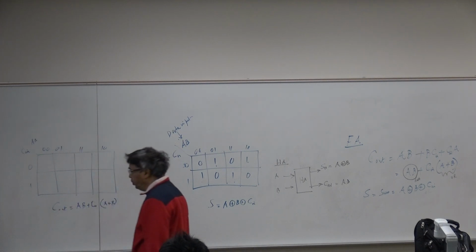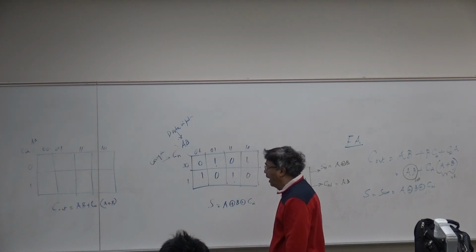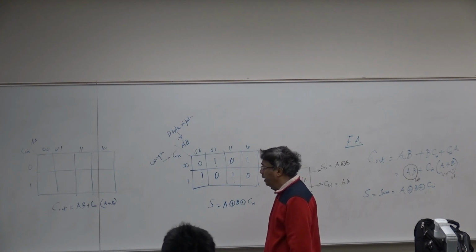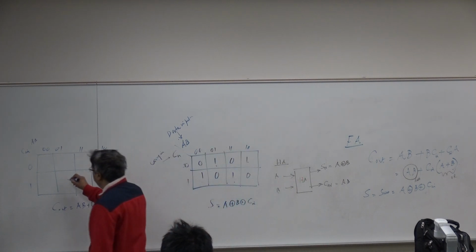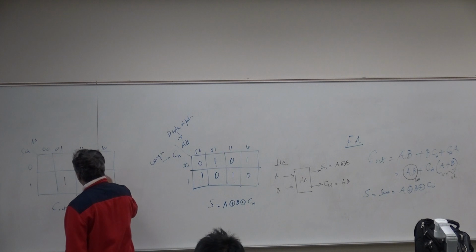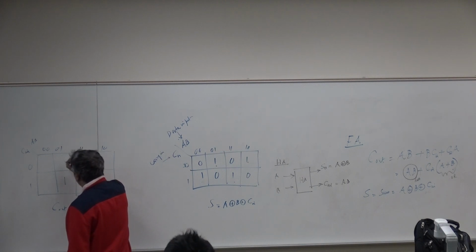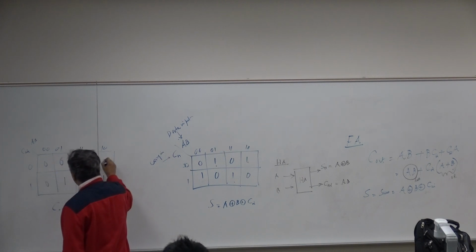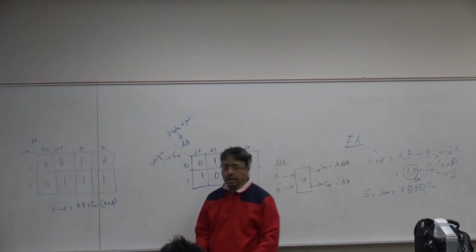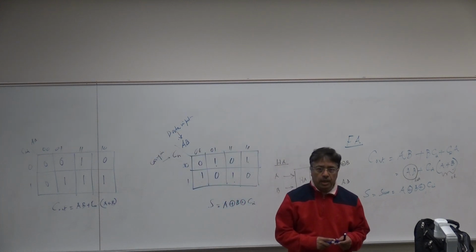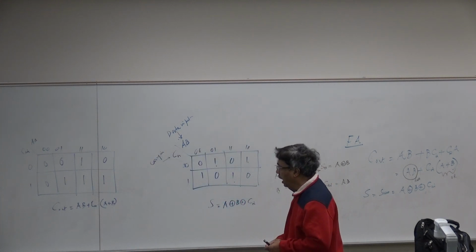So whenever 2 or more inputs are 1, then the output is 1. So here output is 1, here output is 1, here it is 1, and here it is 1. The rest of the places are 0. So that's the Karnaugh map for the carry out.